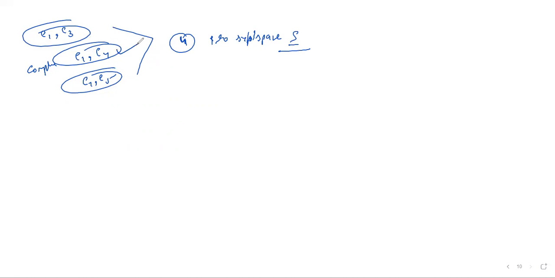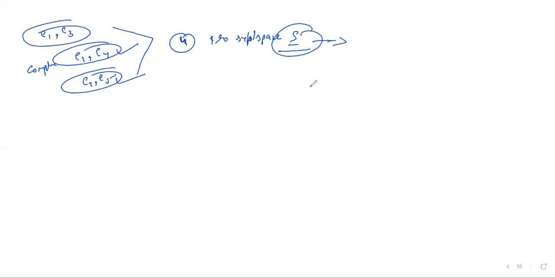If I take the complement E1 and E4, then the projection will be different, and if I take the complement as E1 and E5, it will give me a different vector of S. So the point here is that we have to first define the complement of a subspace S before finding the projection of any vector.